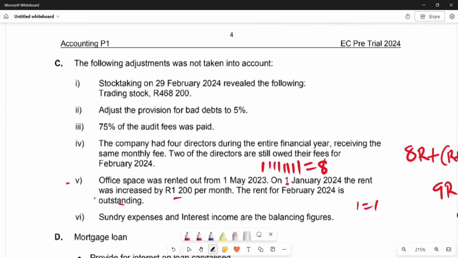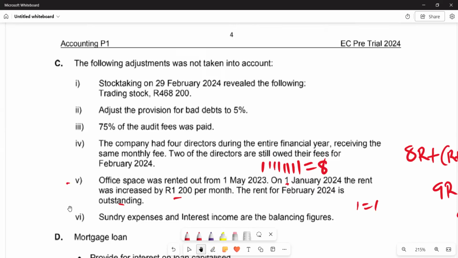We might have trading stock surplus as part of income if our physical stock count figure or stock taking figure is above the book value figure. We are going to get a surplus, and it is an income, and it can also be an expense if our book value is more than our stock taking value.